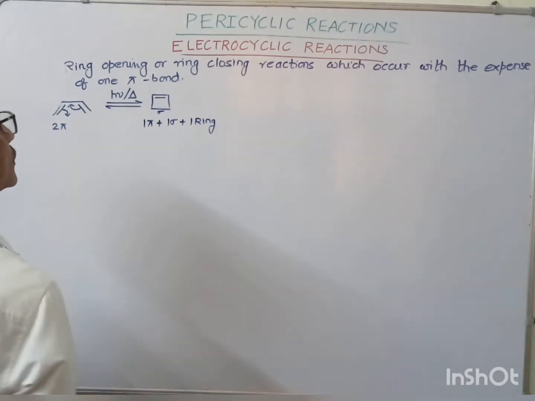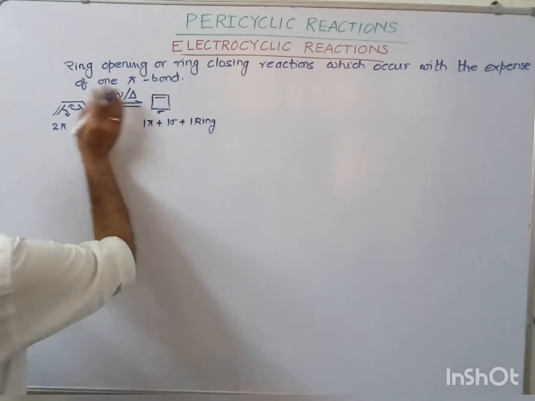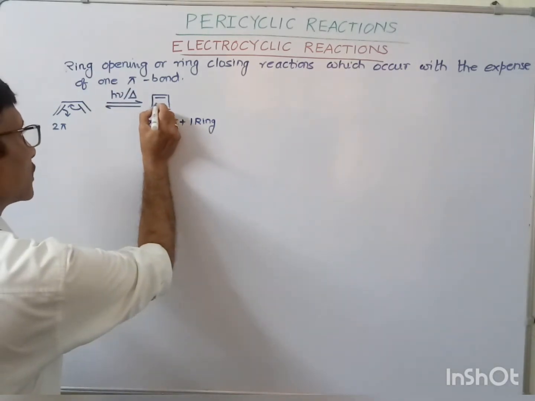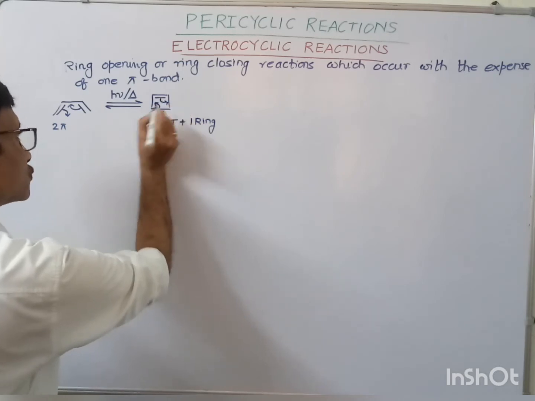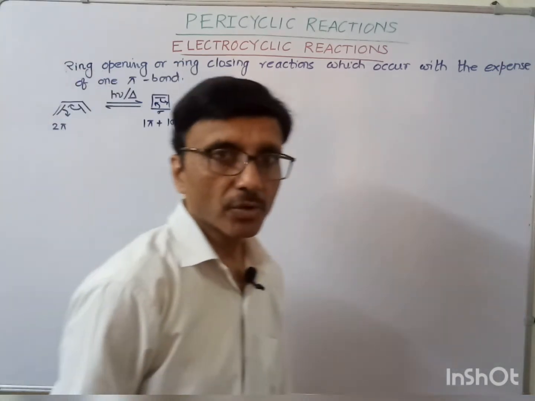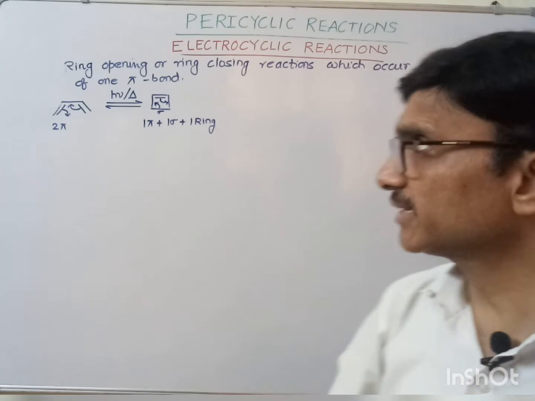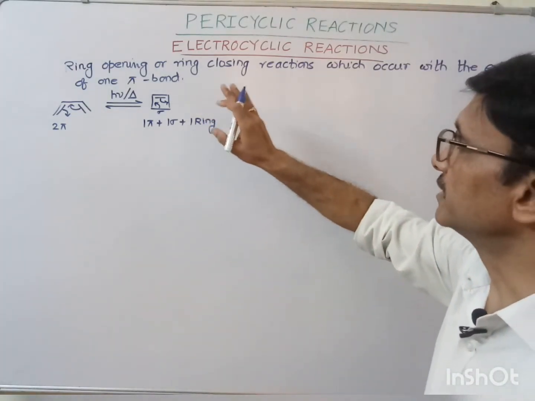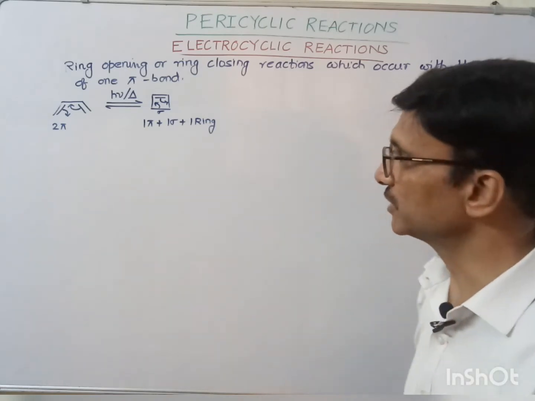This may also occur in the backward direction, that is, ring opening can also occur like this. This is one of the simplest examples of an electrocyclic reaction.